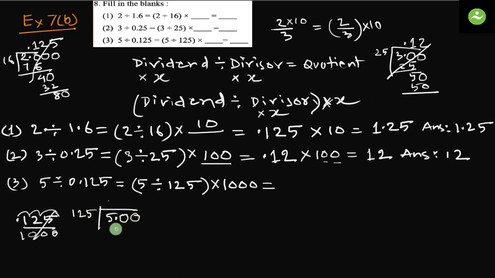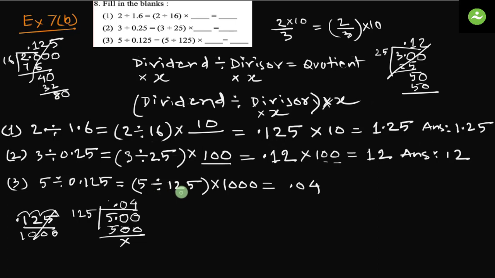Start division. 1 digit. It doesn't divide. 2 digits. Remember, before you take the digit next to the decimal point, you must put the decimal point here. So take the next digit. It doesn't divide. So put a 0 here. Then consider the next digit. So 500. 4 into 125 is 500. 0.04.